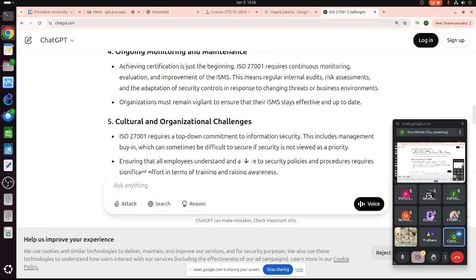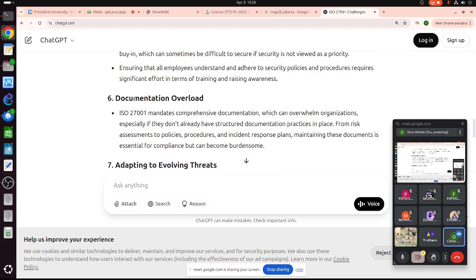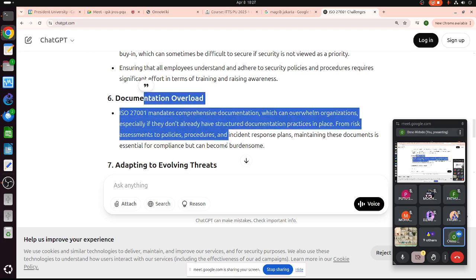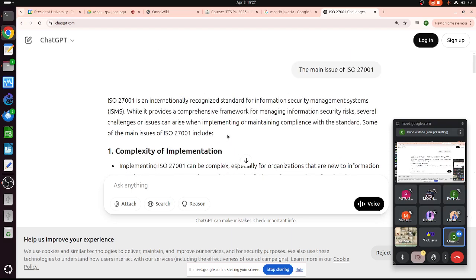Okay, so this is difficult, and this one is very massive and difficult. But today with ChatGPT, this one is much easier. Okay, that's ISO 27000, and the other one is ISO 31000.